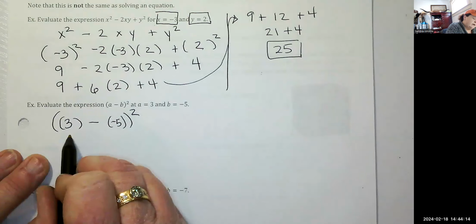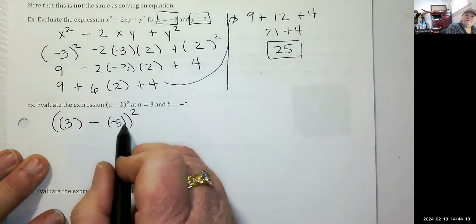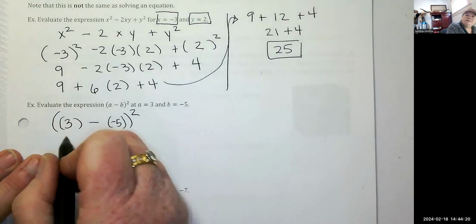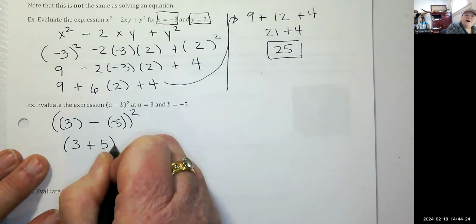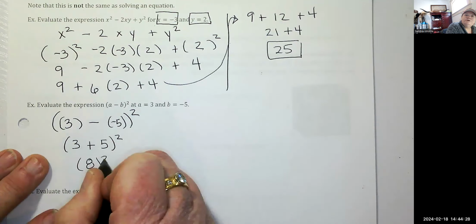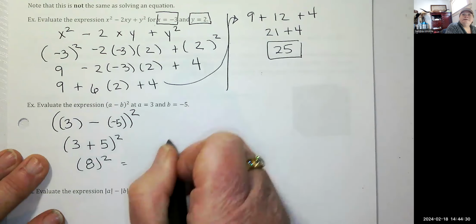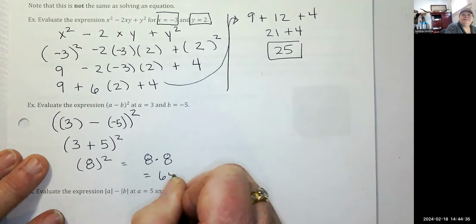So now I've got inside the parentheses 3 minus -5. I need to change these signs. So that's 3 plus 5. 5 plus 3 is 8. Squared is 8 times 8. And that is 64.